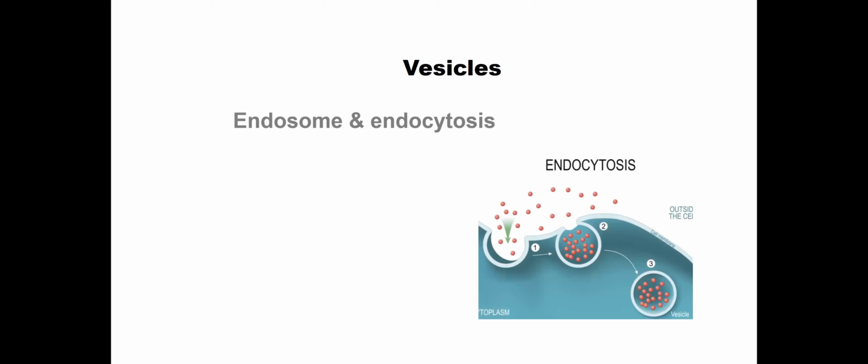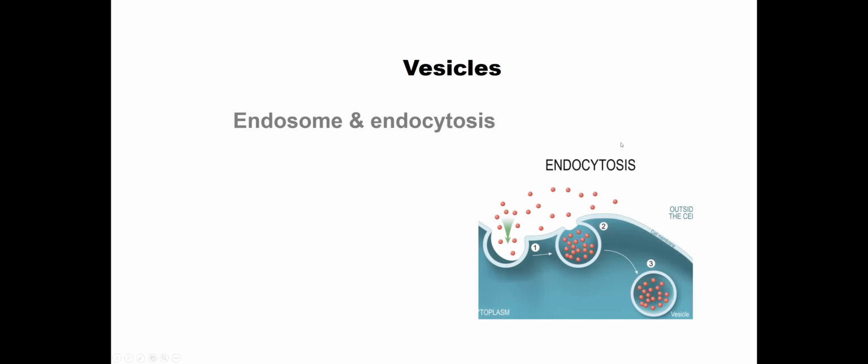Let's think about this. An endosome is formed something like this: some of the plasma membrane, the cell membrane, makes this kind of structure, and then part of it is engulfed inside the cell. This process we call endocytosis. Endo means go inside, and cytosis means this is a cell process.